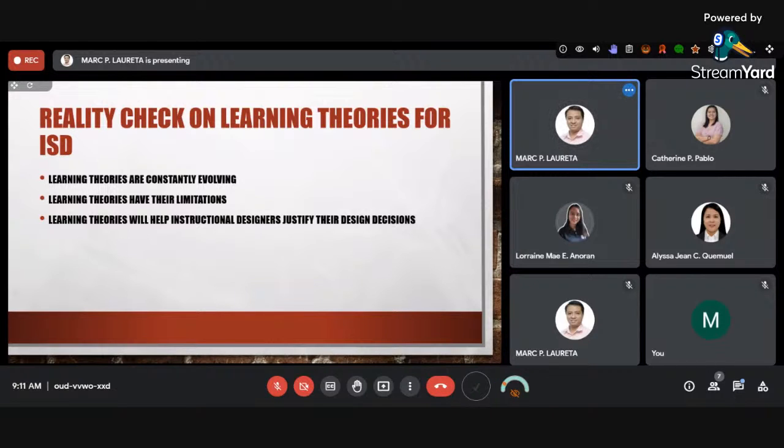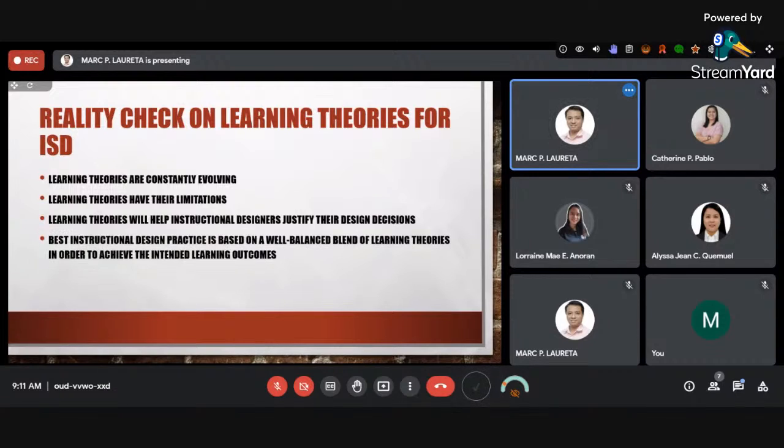No. Then next, best instructional design practice is based on a well-balanced blend of learning theories in order to achieve the intended learning outcome. So learning itself is complex, which makes sense that we use a collection of learning theories to standard inputs, it means, and the results.